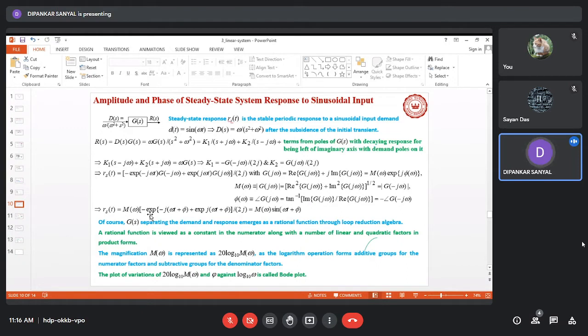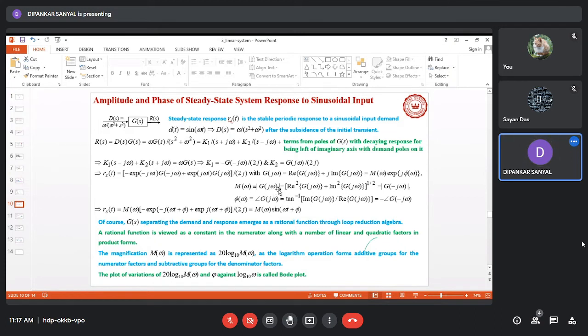So these are basically pure straightforward use of this algebra. In this algebra, M(ω) is, again, we are calling it the magnitude of this G(jω). So it will be the real part squared plus the imaginary part squared, under root.